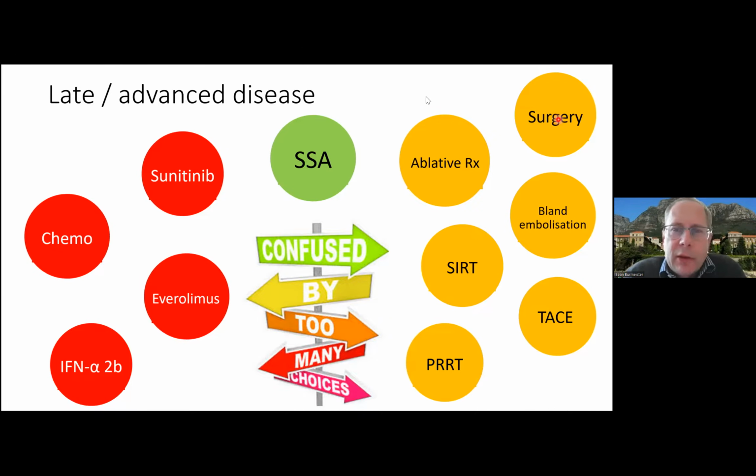If we look at the more medical therapies, chemotherapy is available for pancreatic neuroendocrine neoplasms, and it's more effective for the higher grade tumors, so the neuroendocrine carcinomas. It's less effective for the more well differentiated tumors.